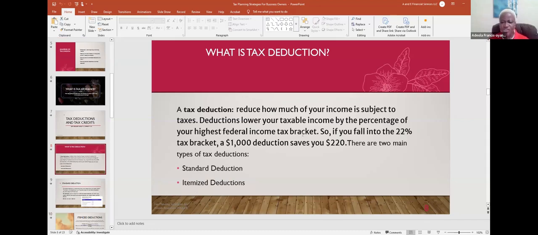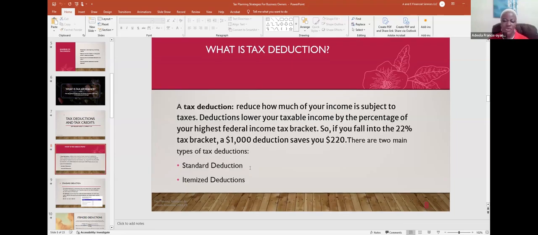You're probably wondering, what does this mean? A tax deduction is the set amount that the government gives you every year based on your tax filing status. We have what is called the standard deduction, which I'm sure most of us are familiar with, and we also have what is called the itemized deduction.